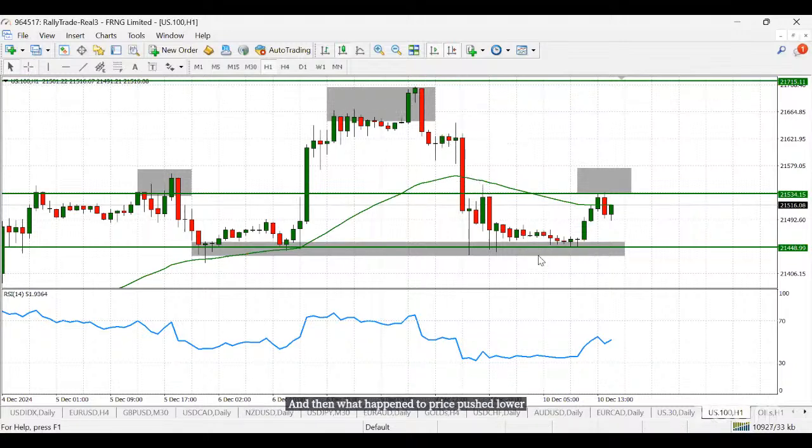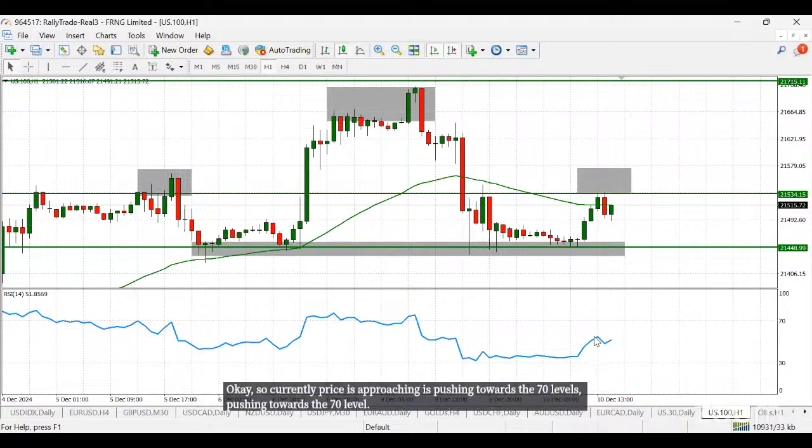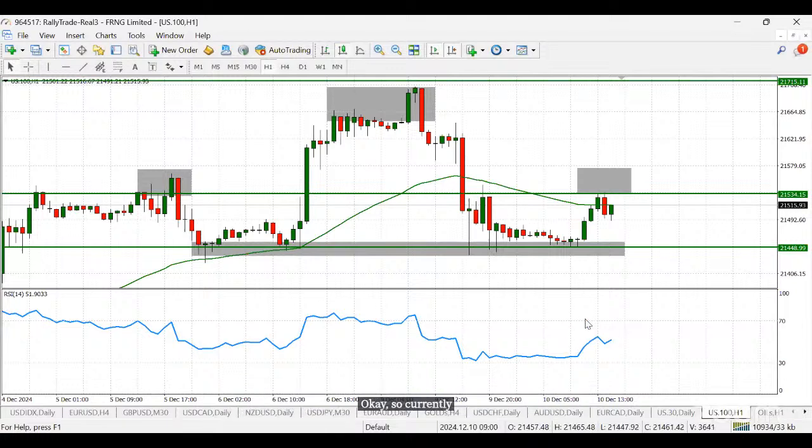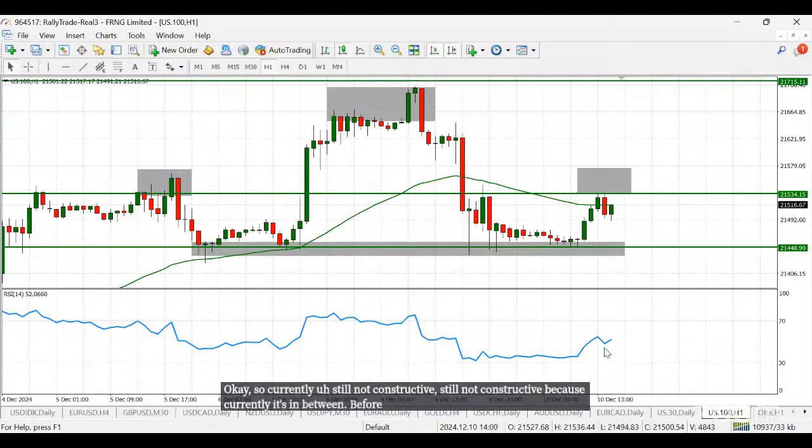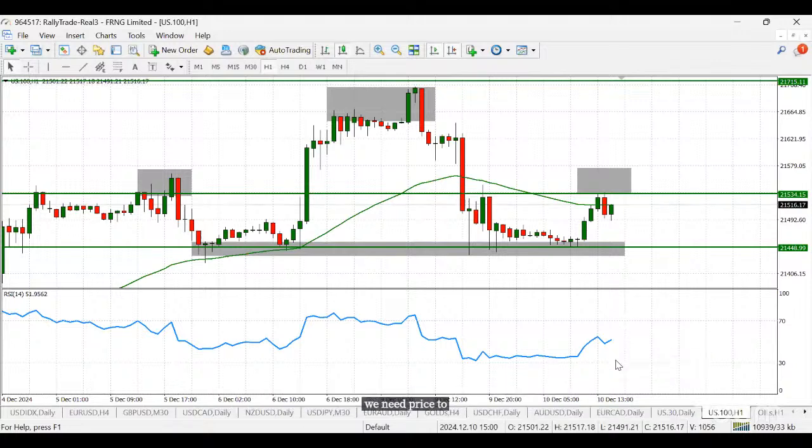Currently price is pushing towards the 70 level. Currently, it's still not constructive because it's in between. Before we make trade decisions here using the RSI, we need price to be above 70 or below 30.